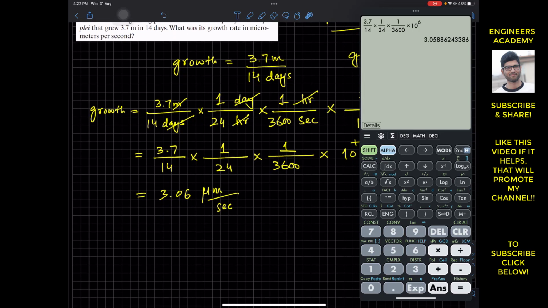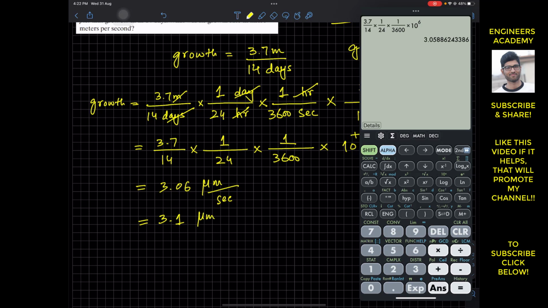So we can say that this is approximately 3.1. So the growth is 3.1 micrometer per second. So that particular plant grew 3.1 micrometers every second.